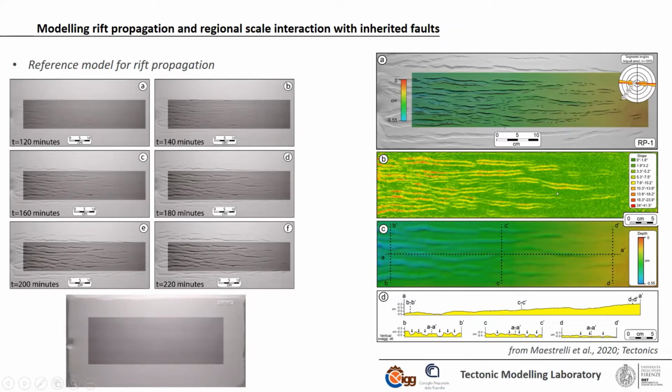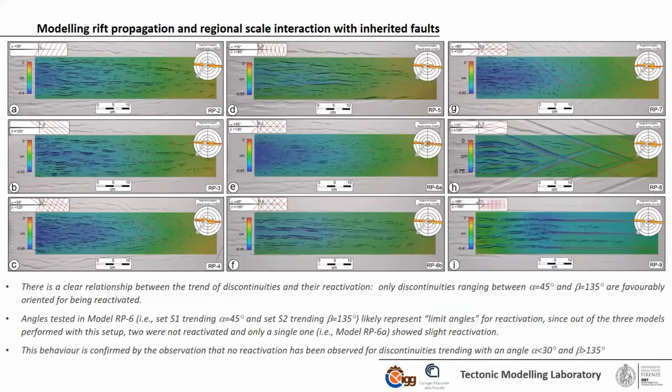Okay. So if we then start to introduce the inherited discontinuities in the various models, you can see how they were designed in these very small panels here. You can see that in some of the models, the reactivation is quite evident, for example, on this one, depending on the trend, of course. In other models, there's no reactivation at all.